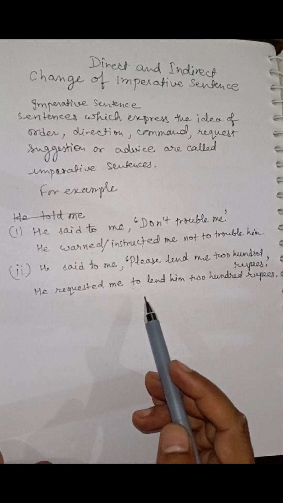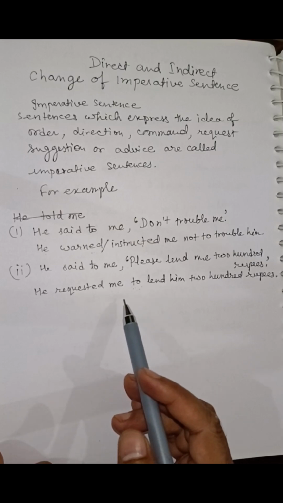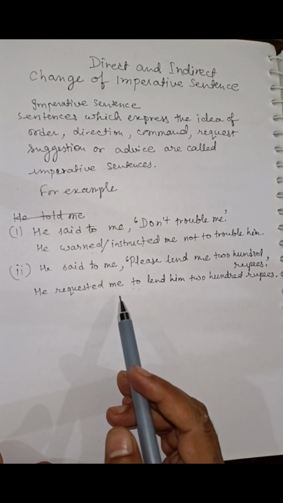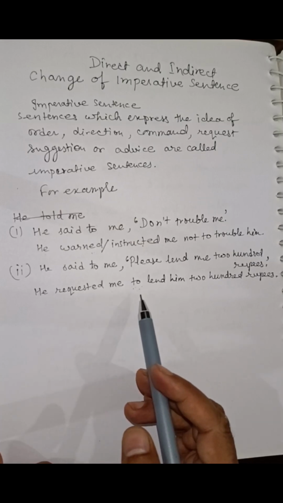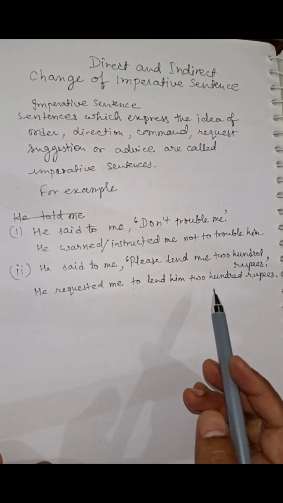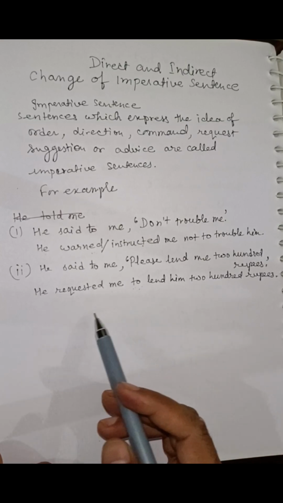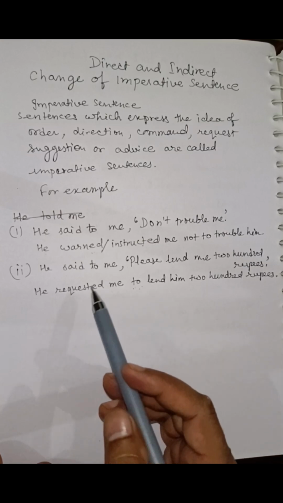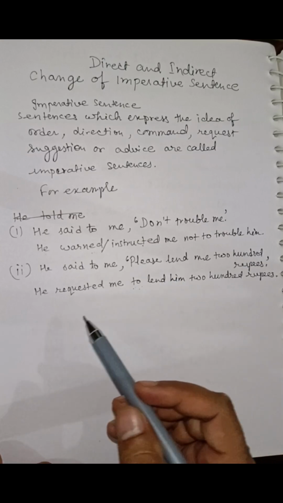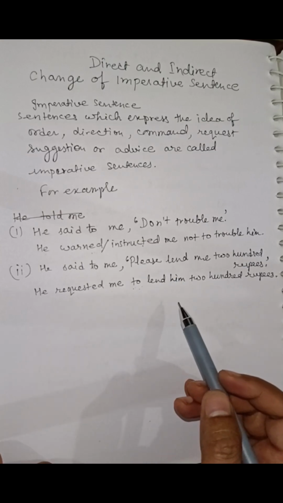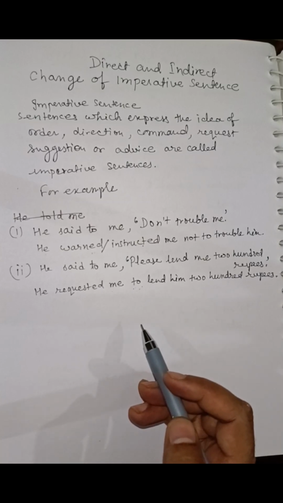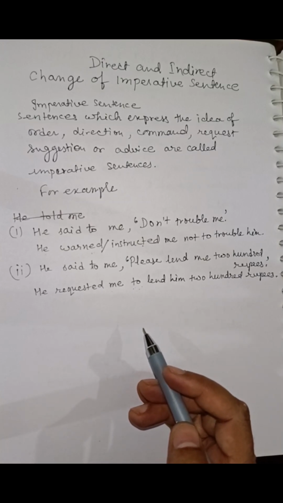And in case of questions, I've shown you in my previous video that for a question starting with a question word, we write the question word as it is, and we don't use that or any other word. We simply change said to into asked. And if the question starts with a modal auxiliary or helping verb, then if or whether will be used.